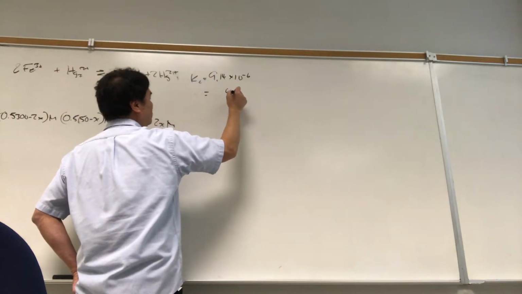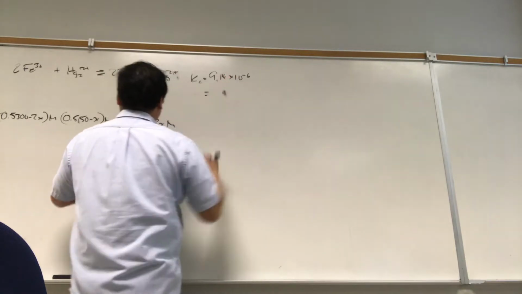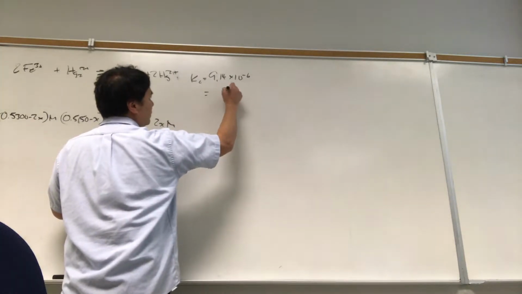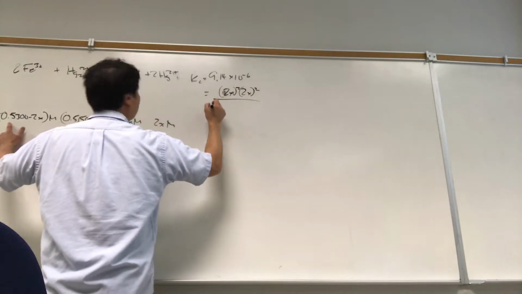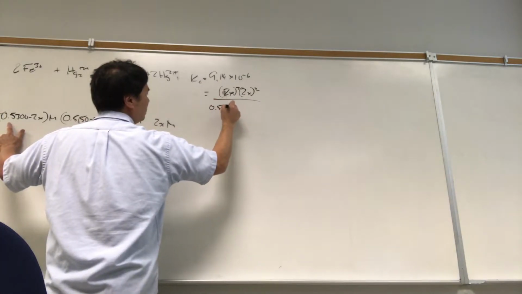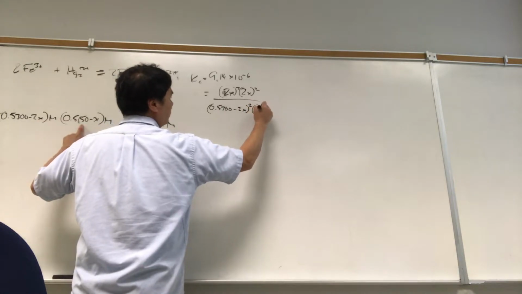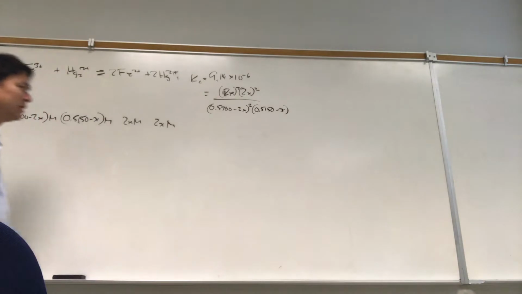So this comes out to 2x squared times 2x squared divided by (0.5300 minus 2x) squared times (0.5150 minus x). I'll just rewrite it over again.